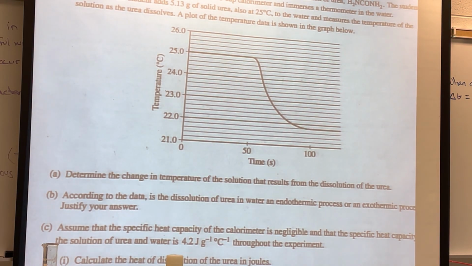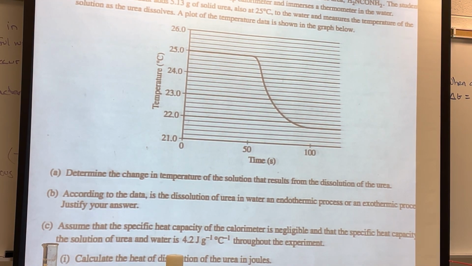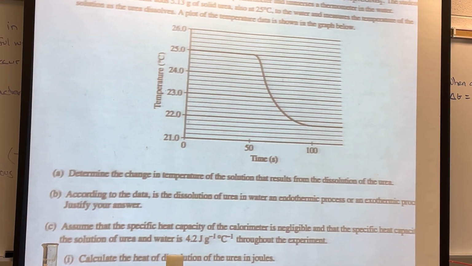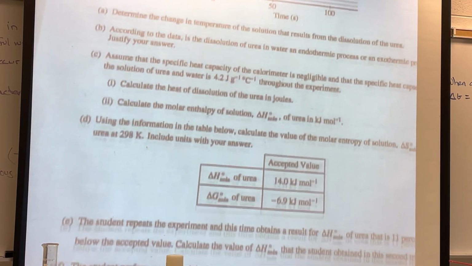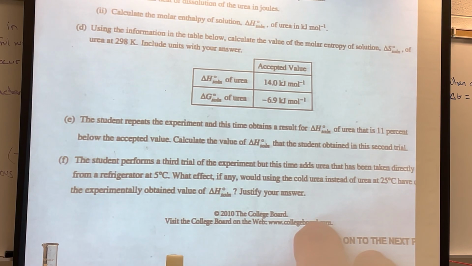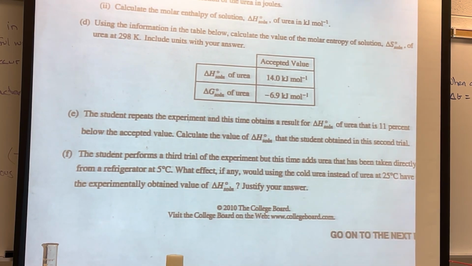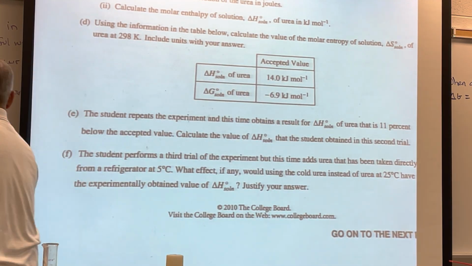Okay? So, when we look now at D though, we have to have the answer for delta H. Does anybody have it written right there? We did it together. What was the value for delta H?